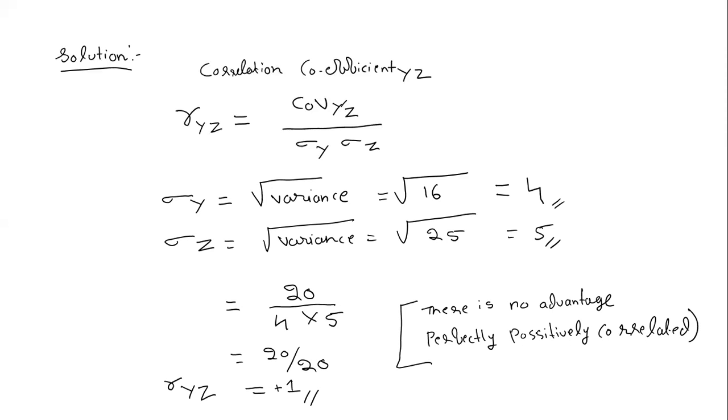So there is no advantage of holding the securities Y and Z because they are positively correlated from the calculation.